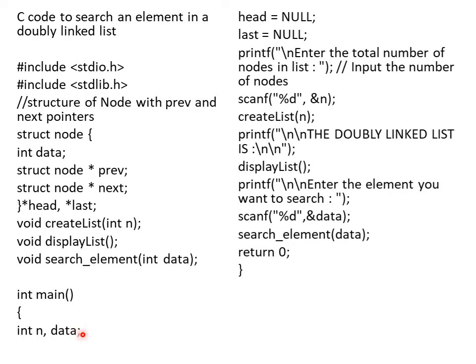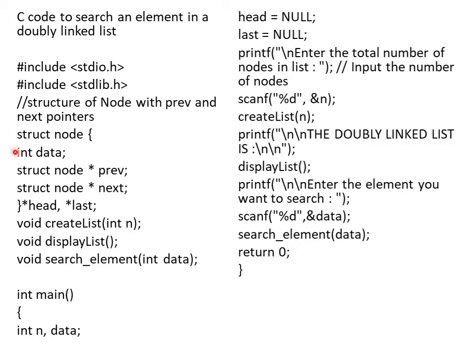I have declared variables n and data. Initially I have initialized head with a null value and last with null, both taken as nodes. Now I am requesting how many nodes are to be created, and I scan that number. For example, it may be 3 or 10.